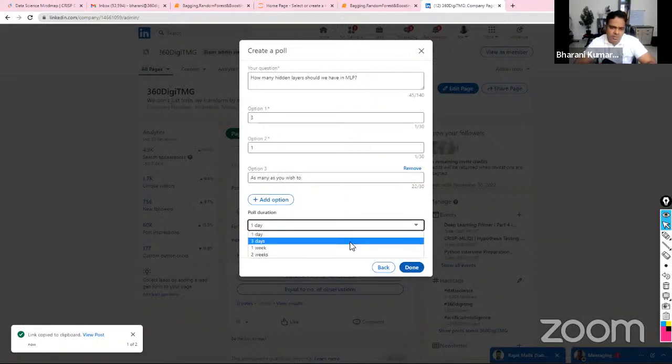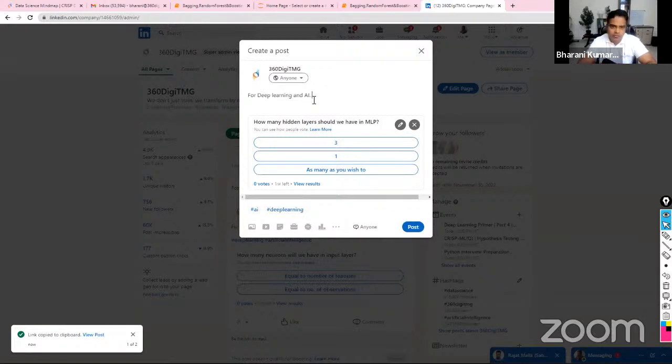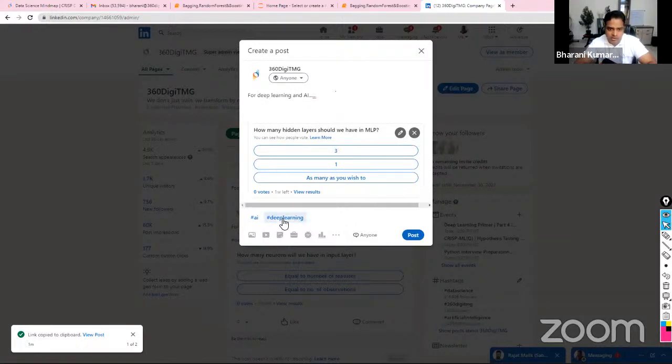Okay, so I'll enable it for a week. That's fine. How many hidden layers should we have in MLP? This is the next question. Once again, this is for deep learning and AI. Let me copy this and keep it handy.